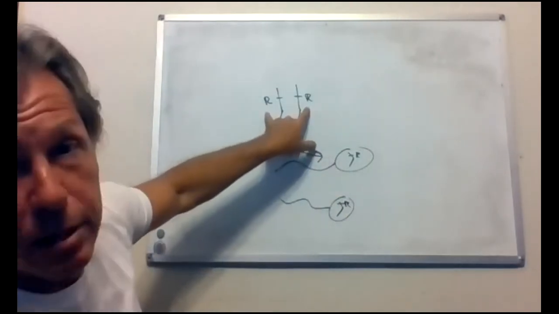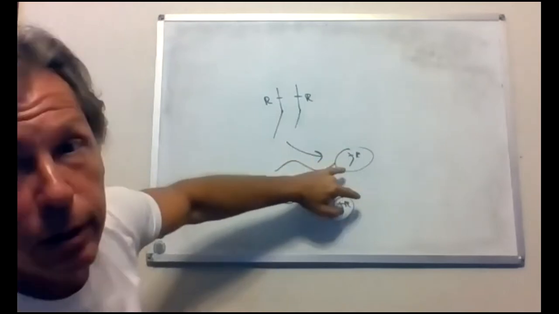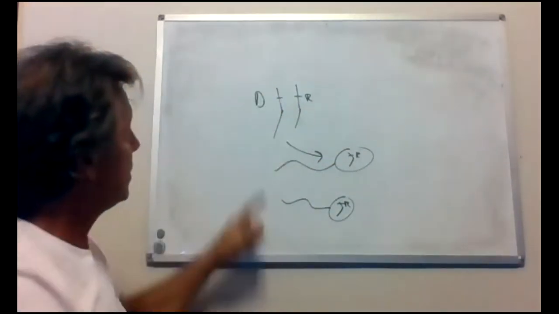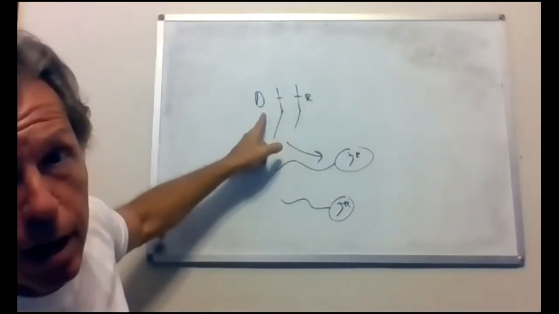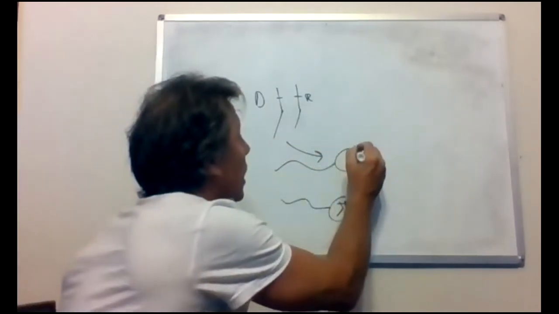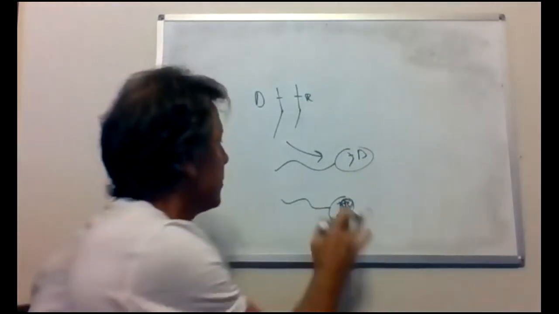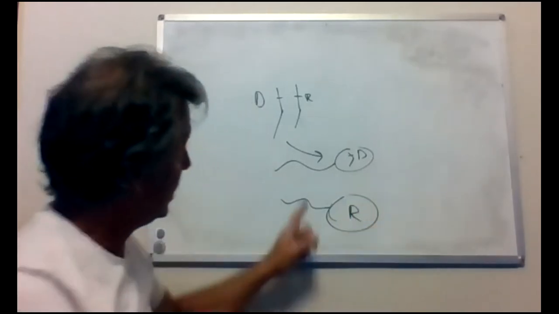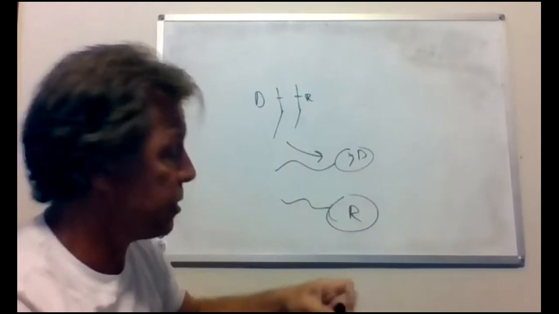So somebody showing the recessive phenotype can only pass on the recessive allele. But if I have a dominant and a recessive, well, what's this guy going to look like? He's going to show the dominant phenotype, but he might pass on the recessive allele, right? He can pass on either one of these to his offspring during gene segregation.